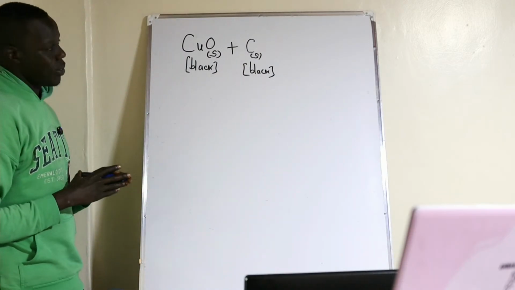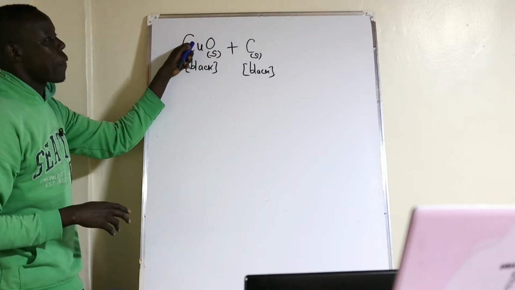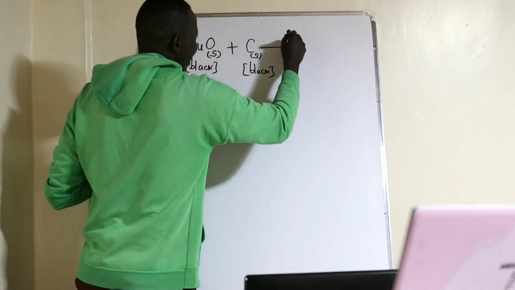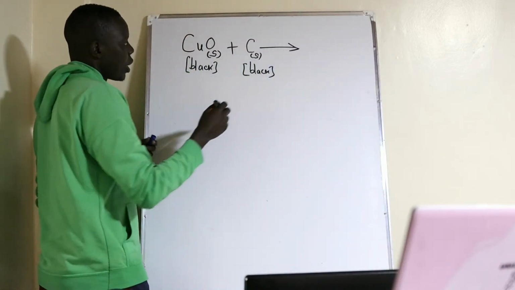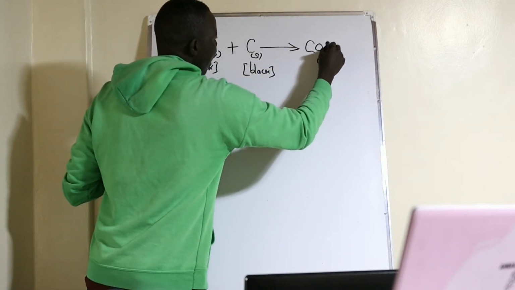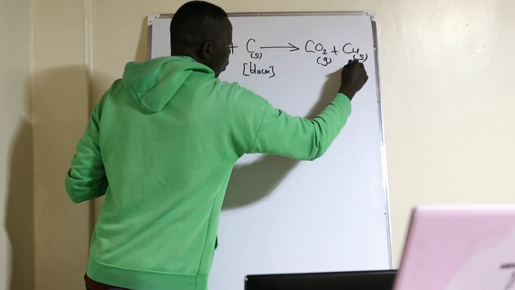If carbon is more reactive than copper, then we will have a reaction proceeding here. We are going to have CO2, which is a gas, plus copper metal, which is a solid. And this one is brown.